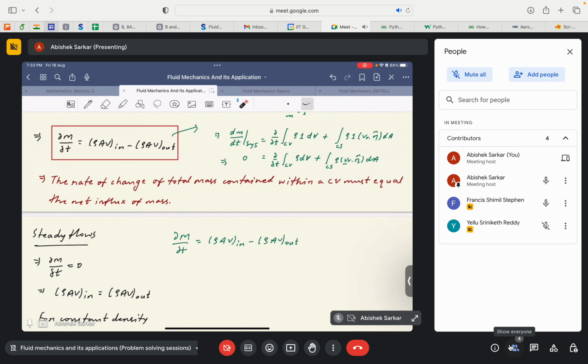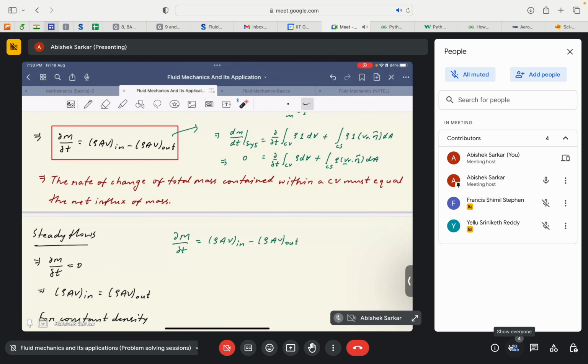Actually, will we be doing any numerical problems here? Yes. It is the agenda that I look into the concepts first and then thoroughly go on to some numerical problems. So I'm going to follow that regular agenda.